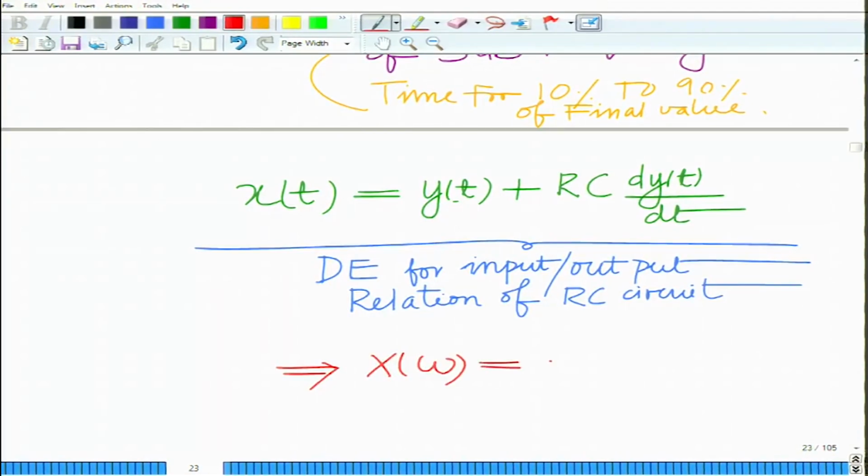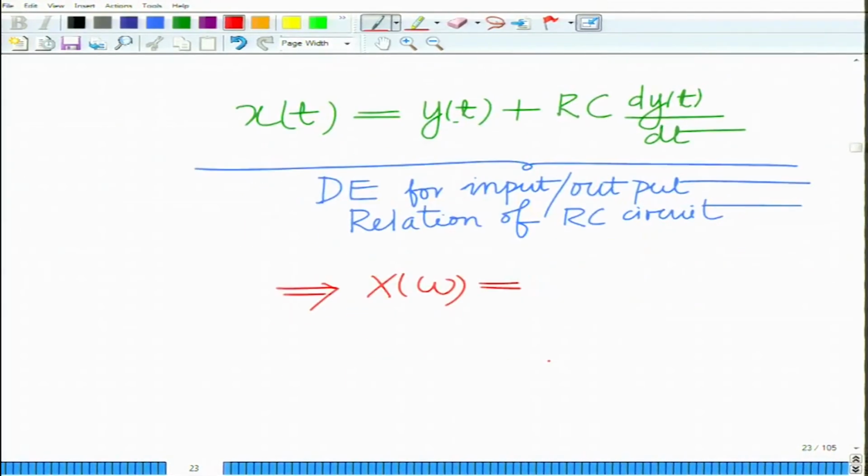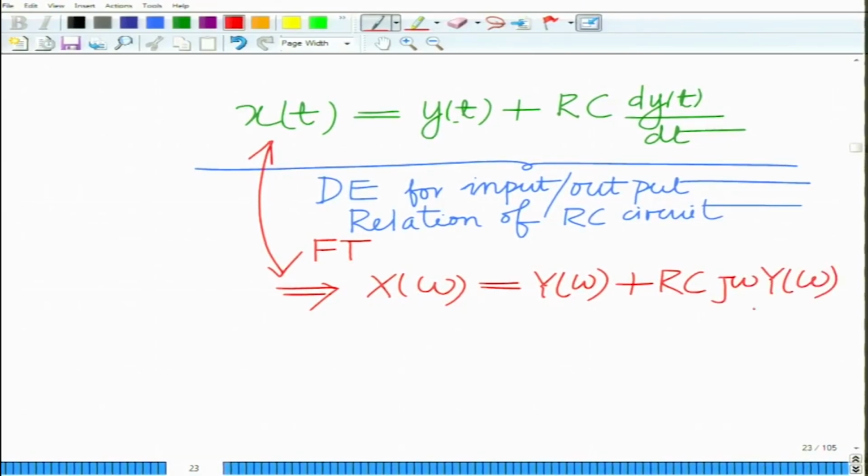that, now taking the Fourier transform, we have X(omega) equals Y(omega) plus RC times the Fourier transform of dy(t)/dt, which is j omega Y(omega), because if the Fourier transform of y(t) is Y(omega), the Fourier transform of its derivative is j omega times Y(omega).